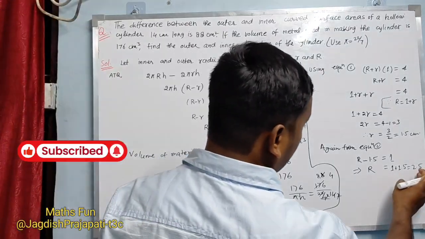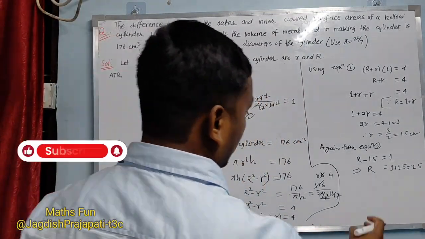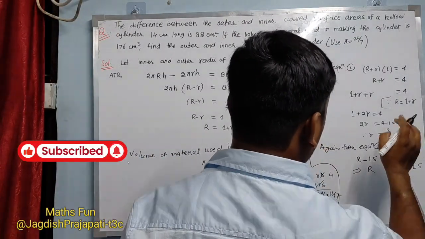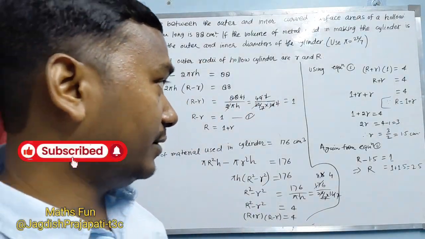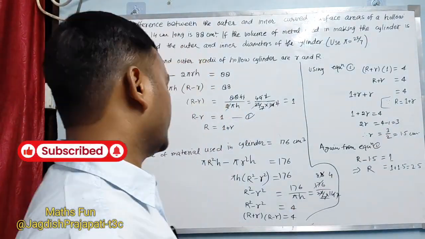So the outer radius is 2.5 and the inner radius is 1.5. Their diameters will be double of this.